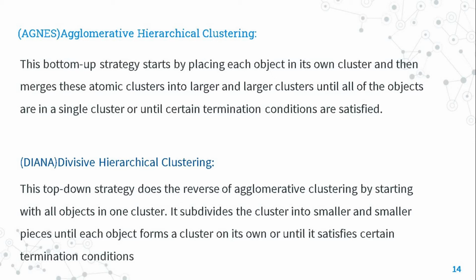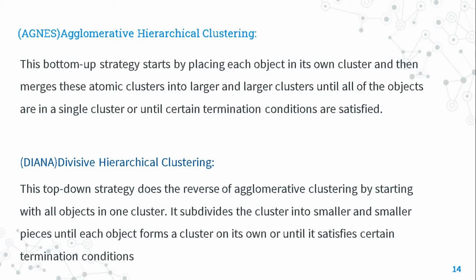Next is AGNES, agglomerative hierarchical clustering. This bottom-up strategy starts by placing each object into its own cluster and then merges these atomic clusters into larger and larger clusters until all the objects are in a single cluster or until certain termination conditions are satisfied.